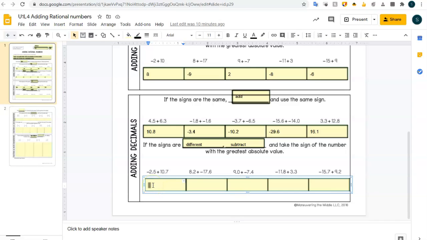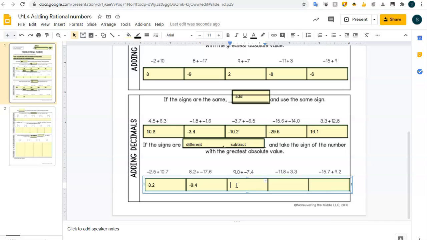So here we had 8.2. Then we had negative 9.4. This one, think about it. Should your answer be positive or negative? Well, we know that our answer should be positive here.